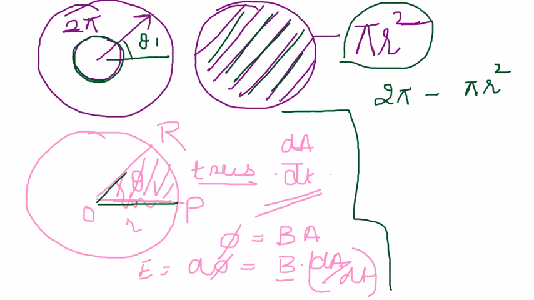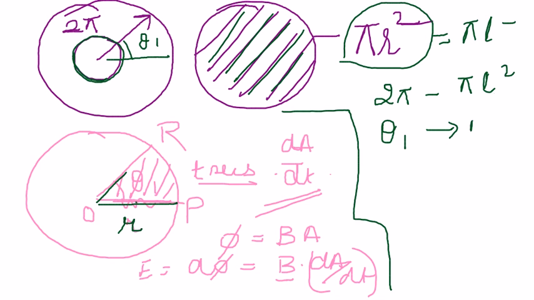We can use this as pi L square because we are using the resistance as small r, so you may get confused. So let's write this as pi L square. So when the angle covered is theta 1, the area covered would be pi L square by 2 pi into theta 1.